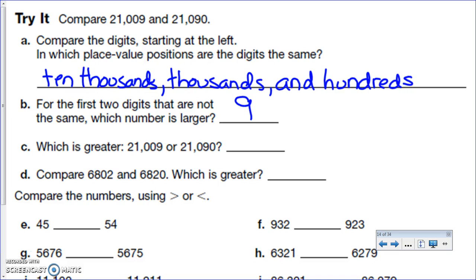Then, we know that 21,090 is greater than 21,009.